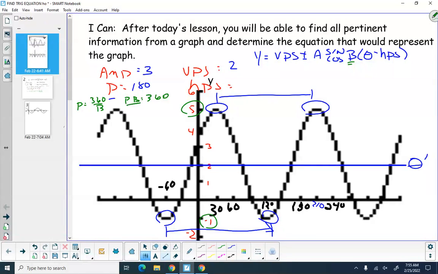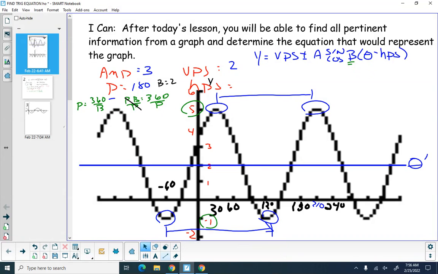So if I divide by the period, my b value is 360 divided by the period. The period's 180 degrees, so the b value would be what, Ella? 2. So we get a b value of 2. Taking your 360 divided by the period.